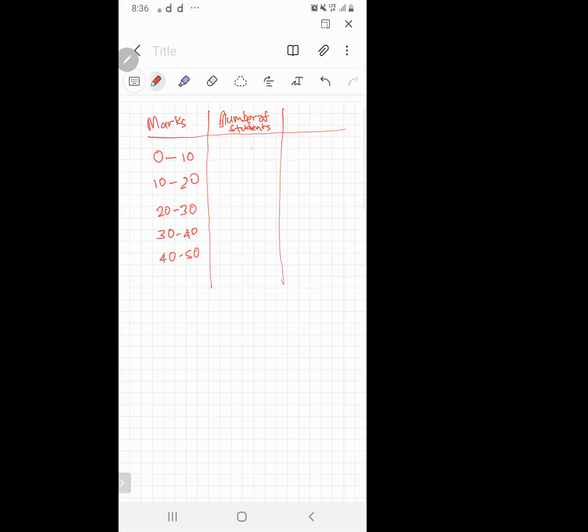The number of students: 3 got marks in the first group, 2 in the second, 2 in the third, 3 in the fourth, and 1 in the last. So you have to draw the cumulative frequency.